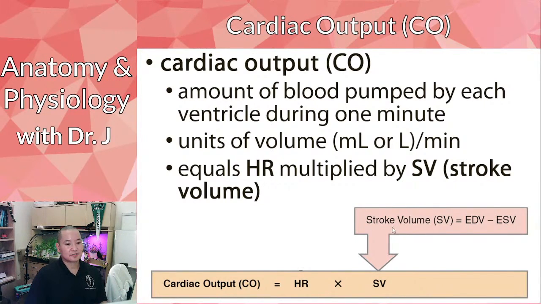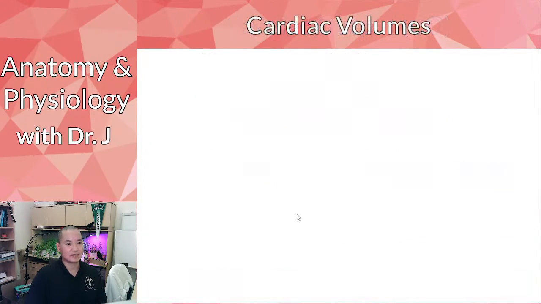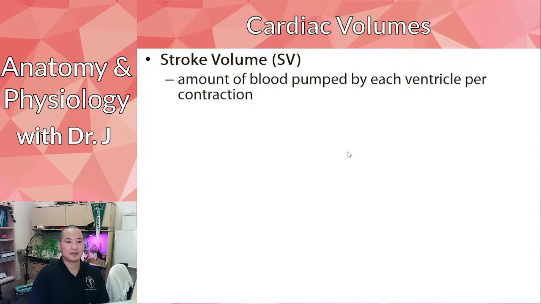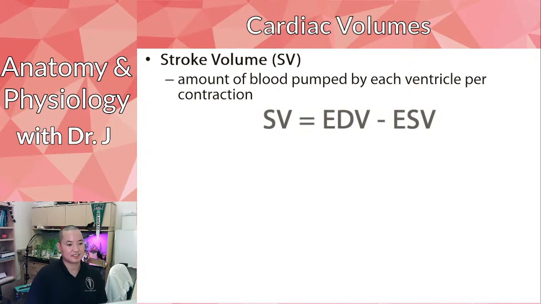So for stroke volume, that would be the amount of blood the left ventricle pumps out with every beat. So what we have are these two new numbers called EDV and ESV. Now we have to talk about cardiac volume. Stroke volume is the amount of blood pumped by each ventricle, and again we'll talk about the left ventricle for simplicity's sake. And this is how you calculate it.